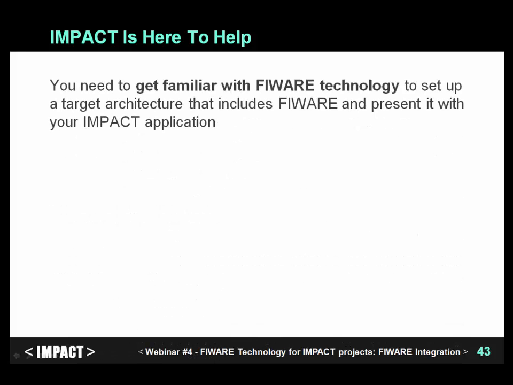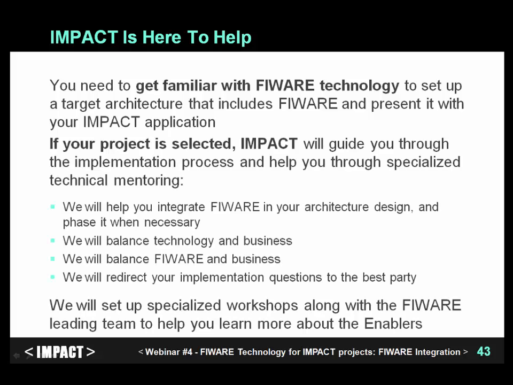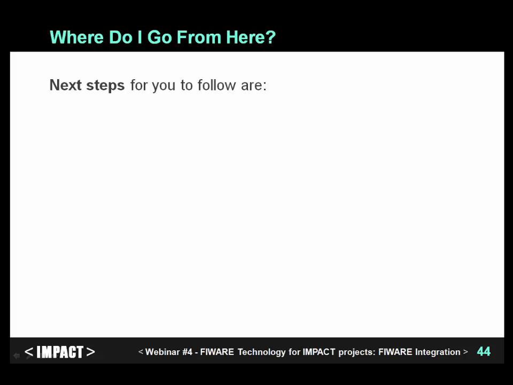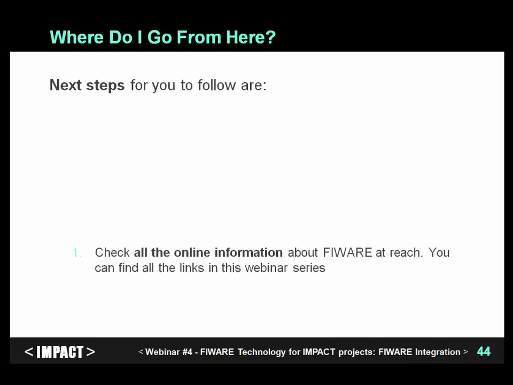Of course, as you know, Impact is here to help you, and you have several channels to get help. If your project is selected, we will help you integrate FIWARE in your architecture, and we will always balance technology and your business, and FIWARE and your business. We will always try to help you in the implementation, so rest assured about that. So where do you go from there?